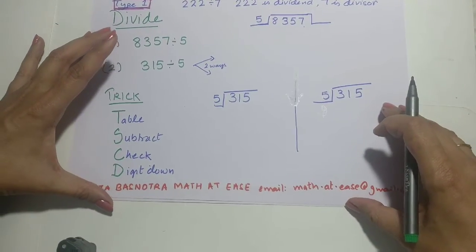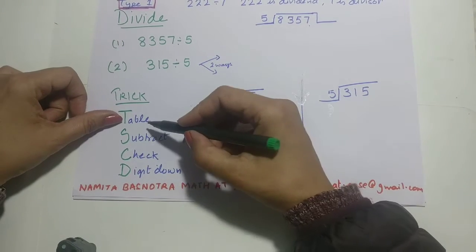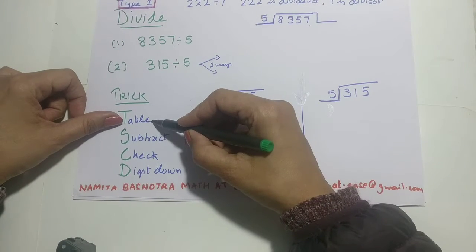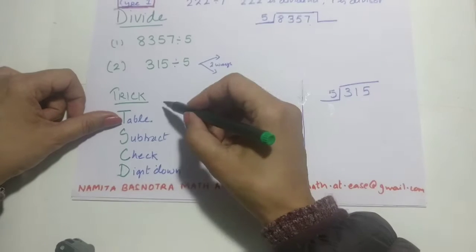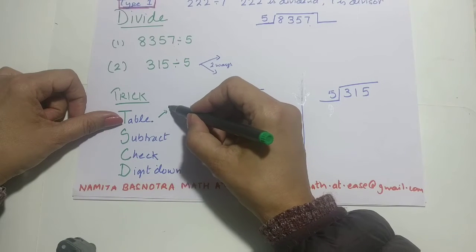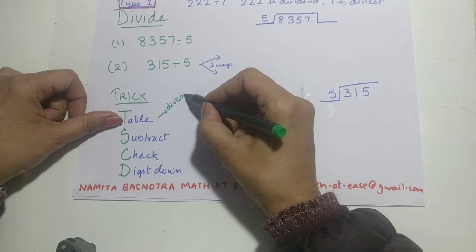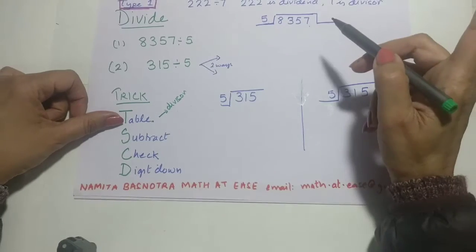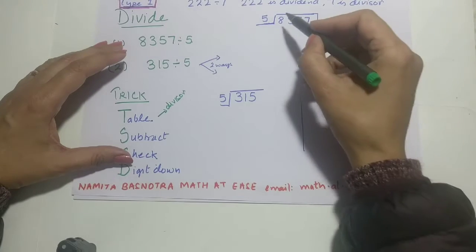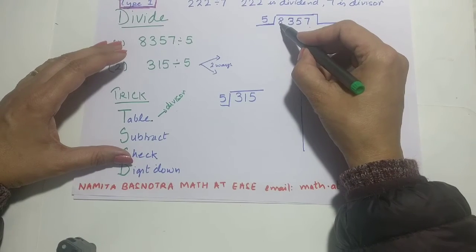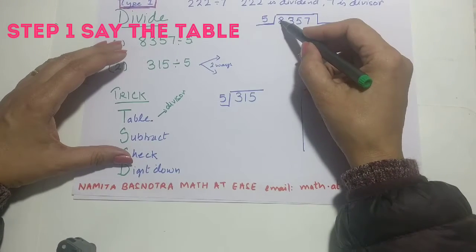So when we have to start, what is trick number 1? Say the table. So say the table of the divisor, right? Here the divisor is 5. So I have to say the table of 5 till I get a number which is smaller than 8 and closer to it.